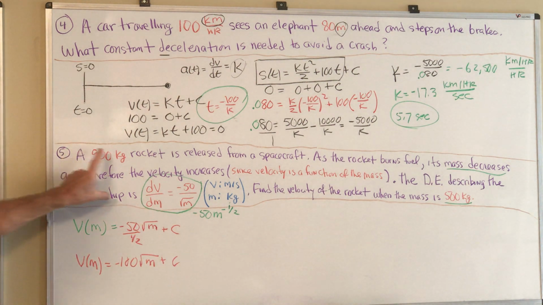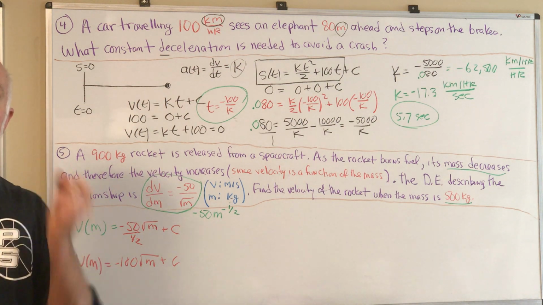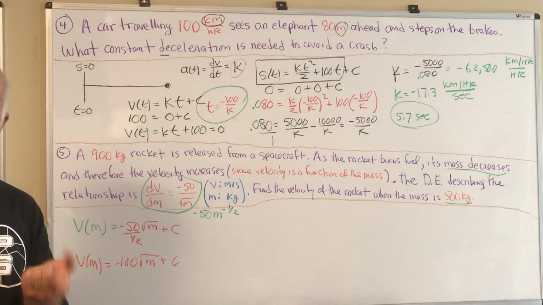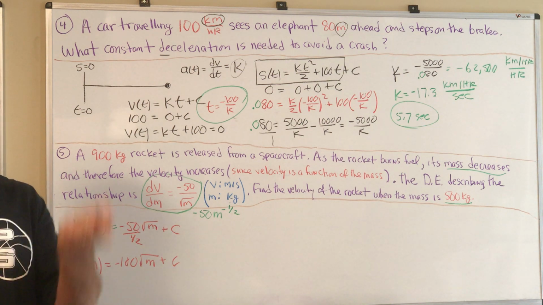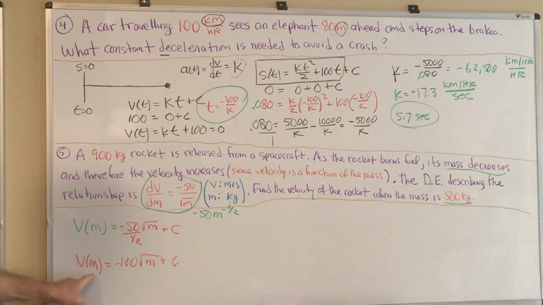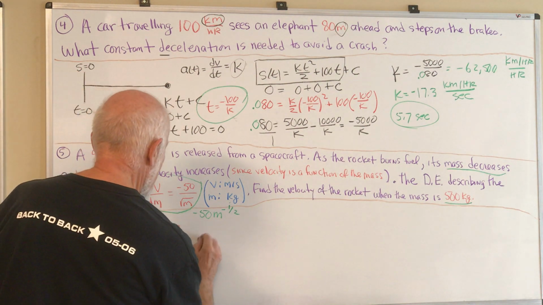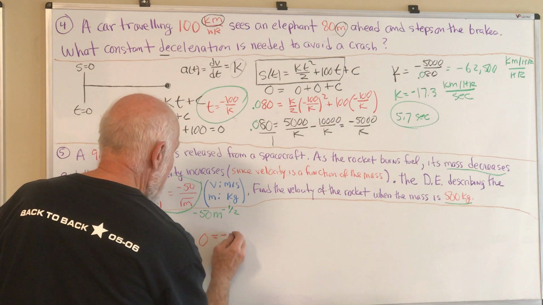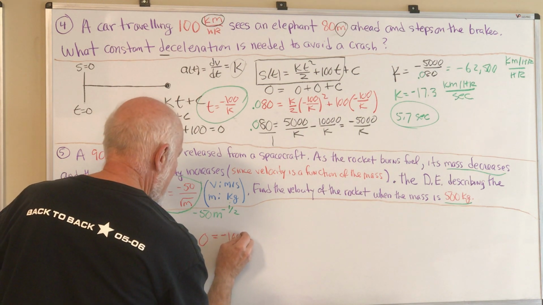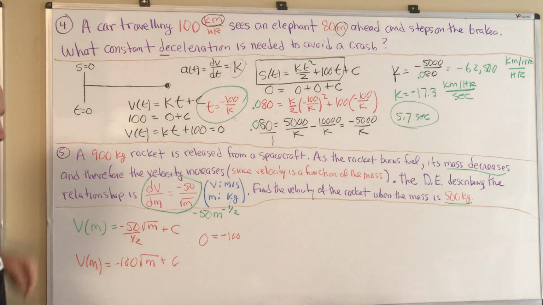Well, they don't have anything given about the velocity, but we know that at time 0, the velocity of the rocket is 0 when it first leaves the spacecraft. So I can put in that the velocity is 0 at time 0, but we don't have time. At time 0, we know the mass is 900 kilograms.